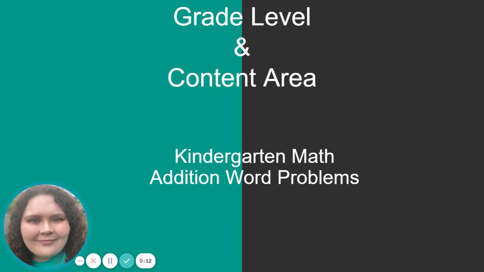I just wanted to start off with going over what grade level and content area my activity covers. My activity is for kindergartners, specifically in the content area of math, and within math, specifically addition word problems.